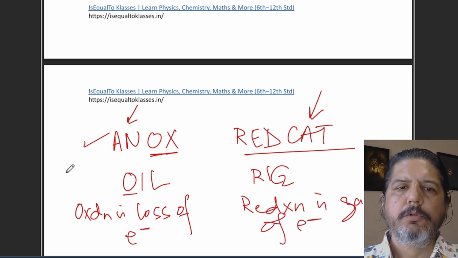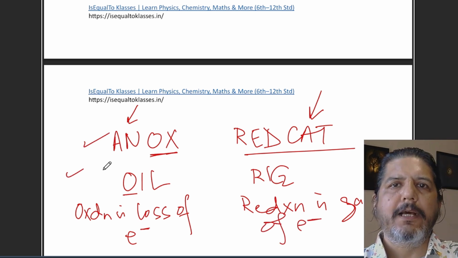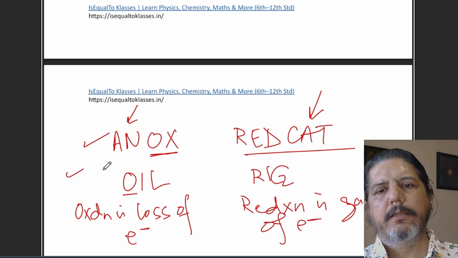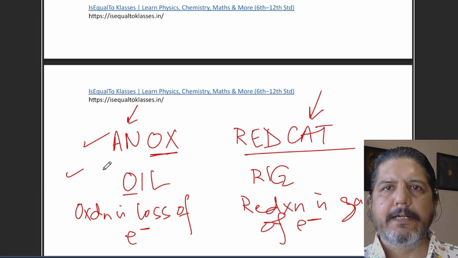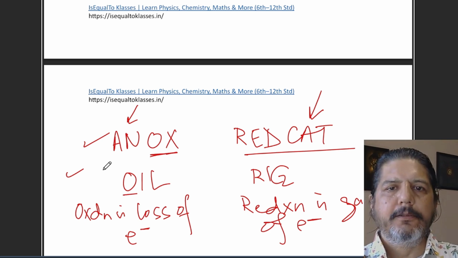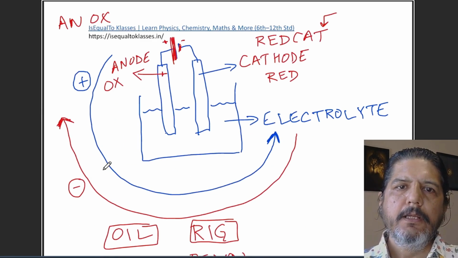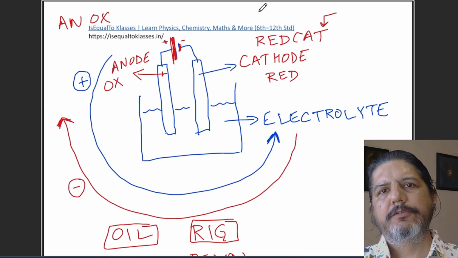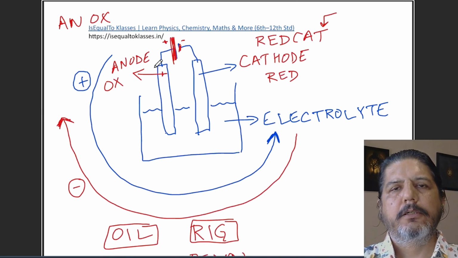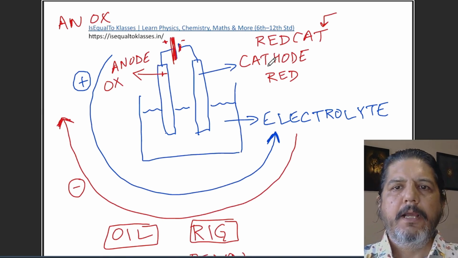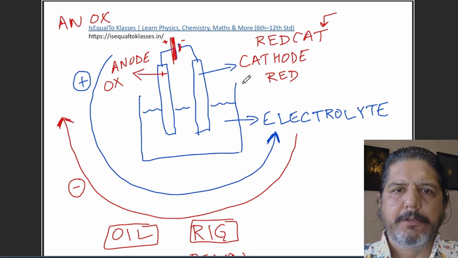So the two mnemonics that we'll be using are an ox red cat and oil rig. So keep the anode, the positive side of the cell, always on the left hand side of the paper and the cathode on the right side of the paper.